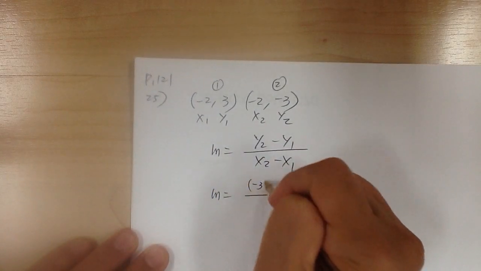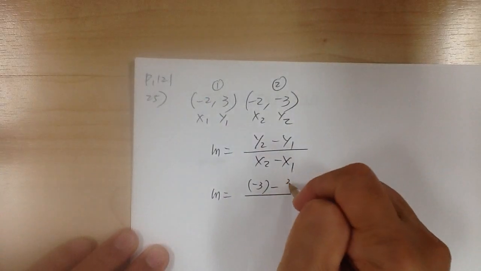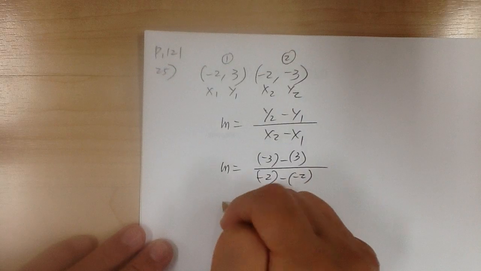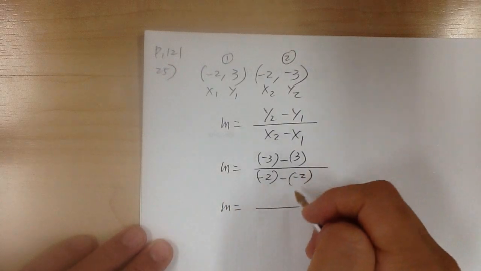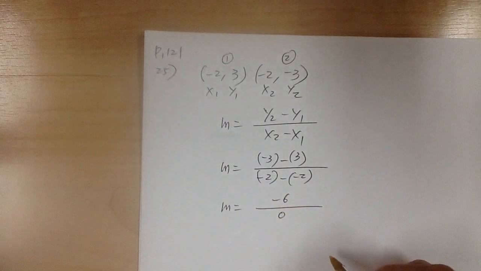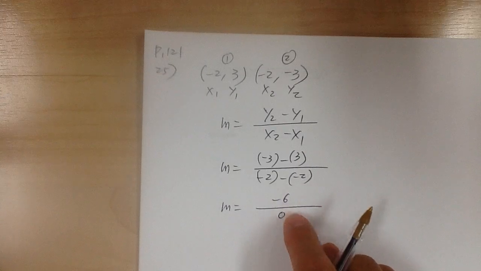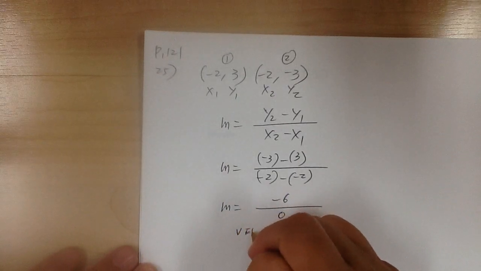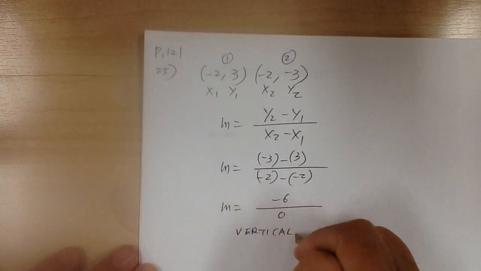Okay, so it'd be -3 minus 3 over -2 minus -2. So m equals -6 over 0. So when you have this kind of situation, the slope is undefined. So you're going to get a vertical line. Okay?